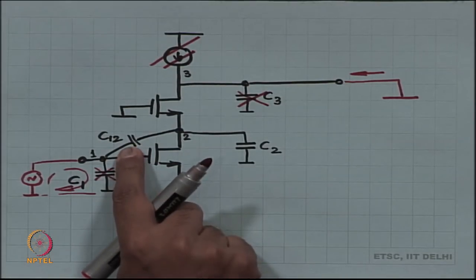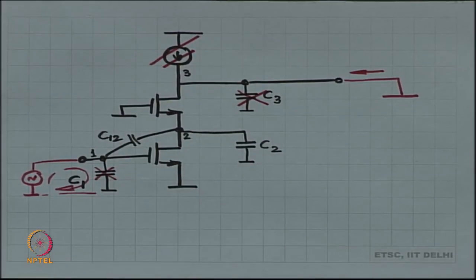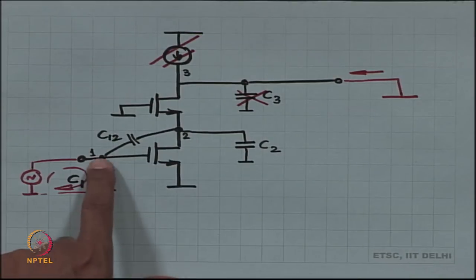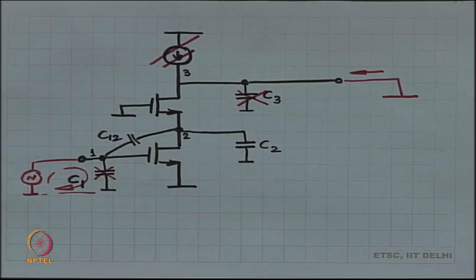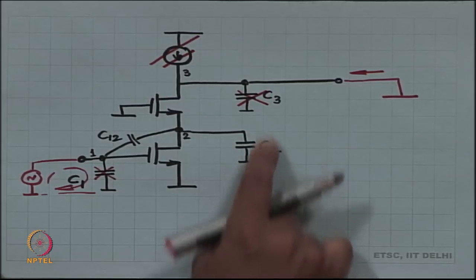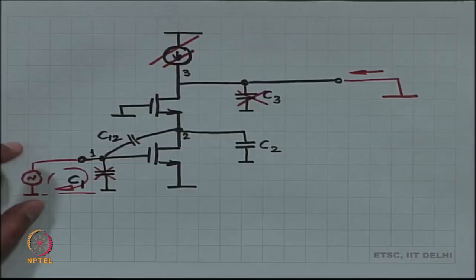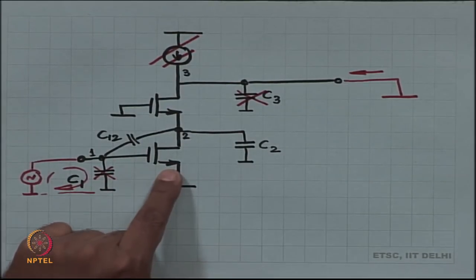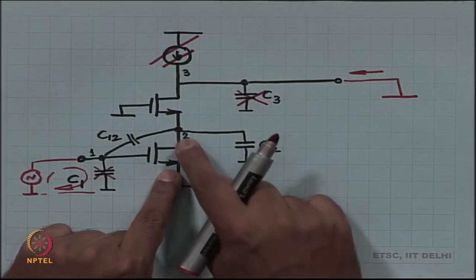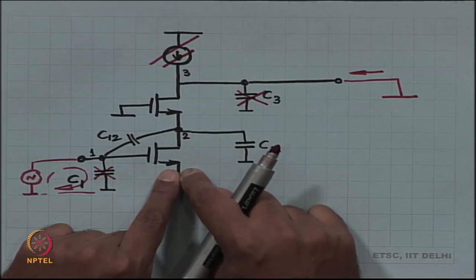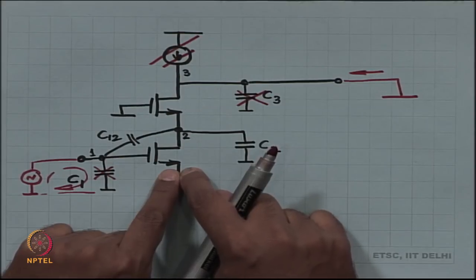So, all I have right now is C12 and C2. C12 seems like it is providing some additional path, and C2 is changing something over here. Let us see what happens. First we apply our voltage V in, and that creates a current Gm times V in. Gm times V in can now choose between many different paths.